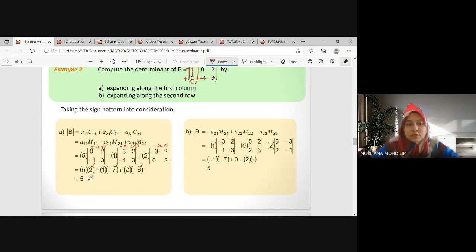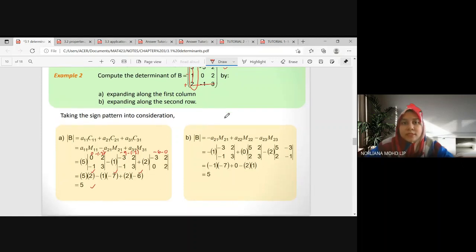So the determinant of B is equal to 5. The second example, expanding along the second row, the determinant is also the same value, equal to 5.